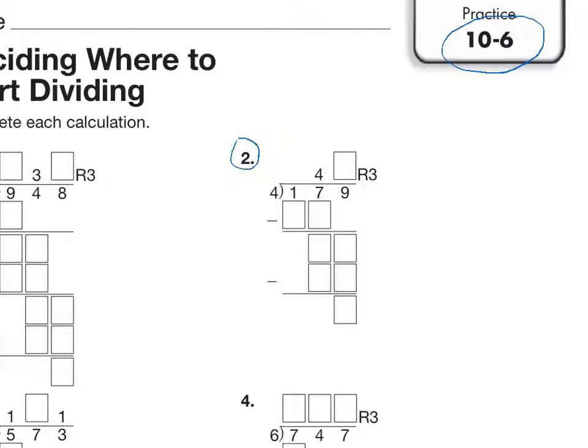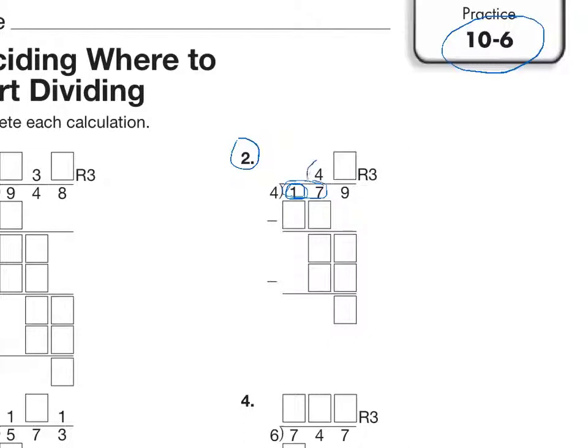First, we know that if we take our 1 and divide that by 4, we would have a decimal. So we need to take the 7, because simply put, this hundreds digit, 1, is smaller than the 4. So I need to make it look like 17. So it's 17 divided by 4.